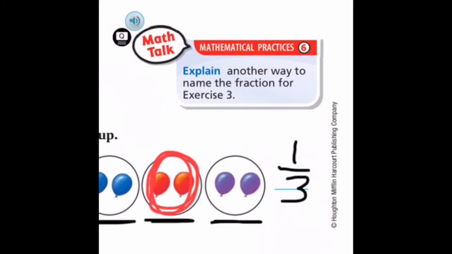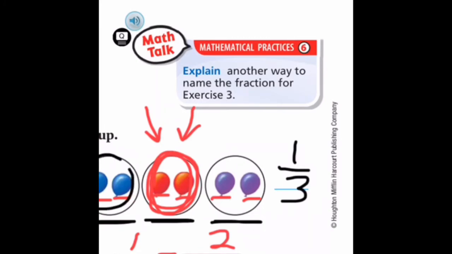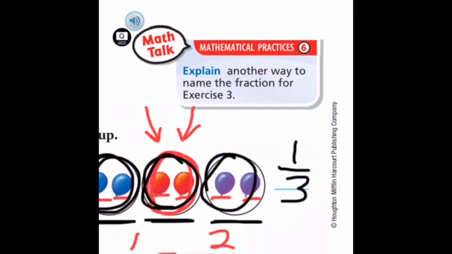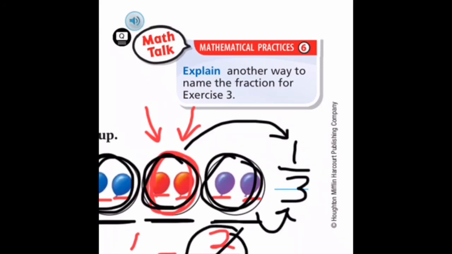If you counted the 2 red balloons, 1, 2, and then counted all the parts, 1, 2, 3, 4, 5, 6, and I wrote 2/6, that's equivalent to 1/3, meaning they're pretty much equal. However, in this case, we were looking to count the groups, 1 group, 2 groups, 3 groups, and only one of them is red. So 1/3 should be your answer, not 2/6.